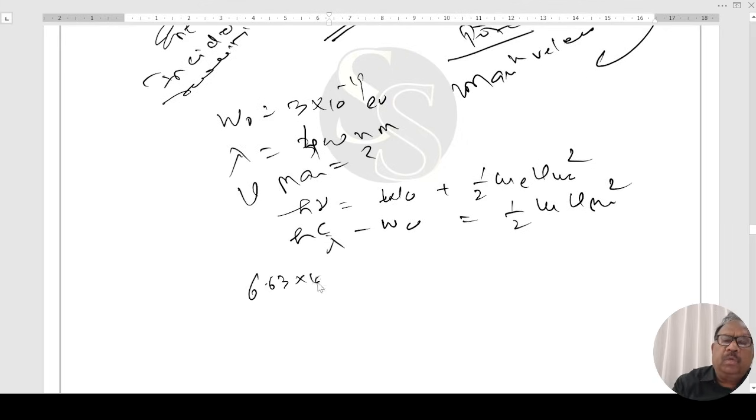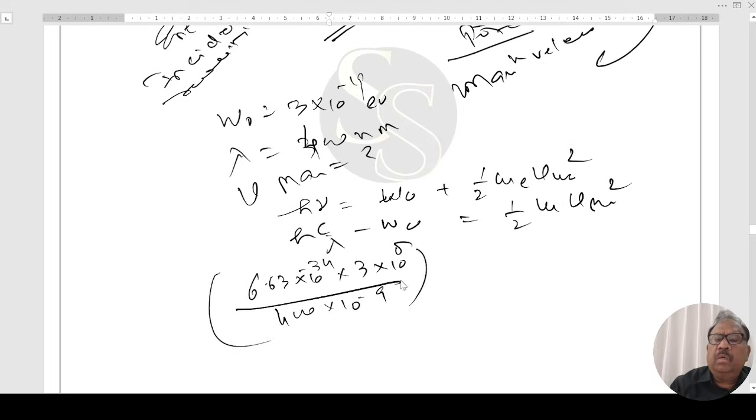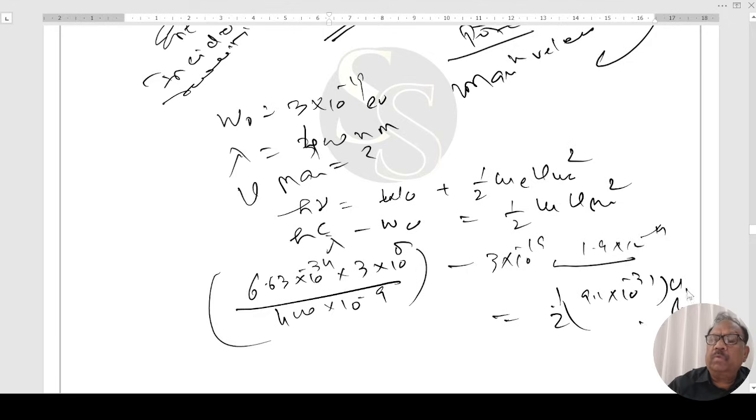6.63 into 10 to the power minus 34, 3 into 10 to the power 8, divided by 400 into 10 to the power minus 9, minus the work function of 3 eV. We will convert eV into joule, so 1.9 into 10 to the power minus 19 equal to half m, 9.1 into 10 to the power minus 31, into V maximum square.